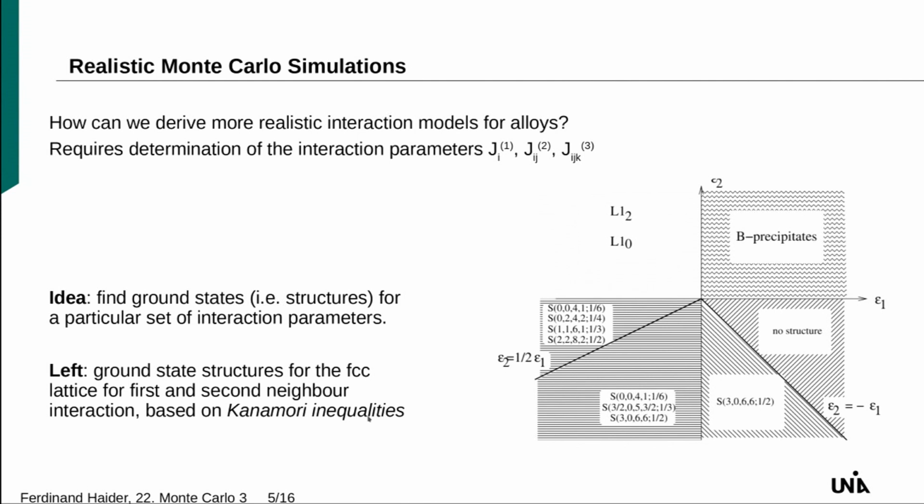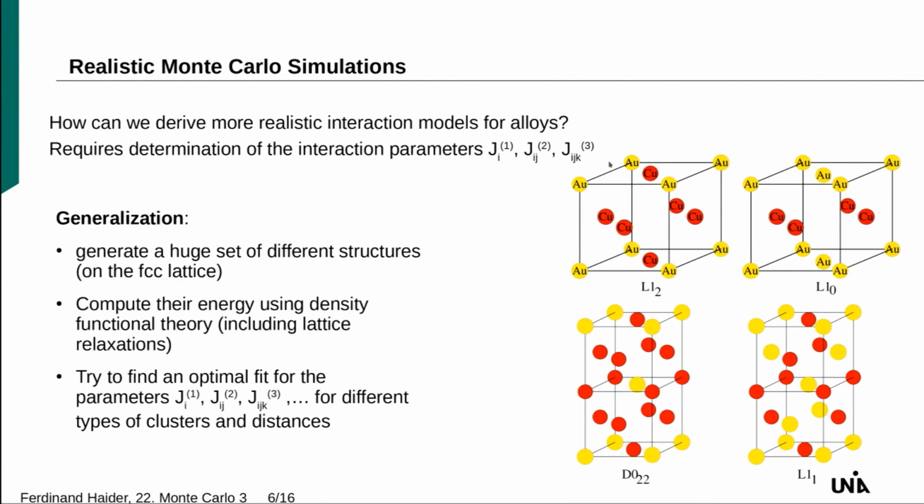So basically, now we are doing something similar, but since we have a computer, it's much easier. So what is done? You take all kinds of possible structures on an FCC lattice, for example. It's still a rigid lattice model.